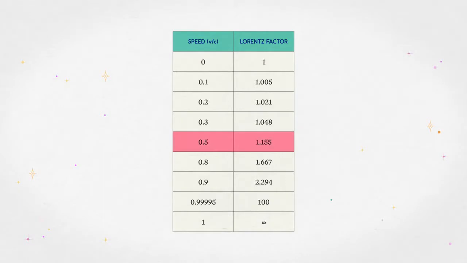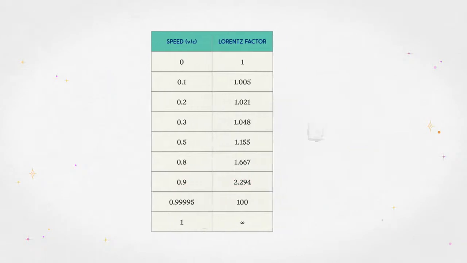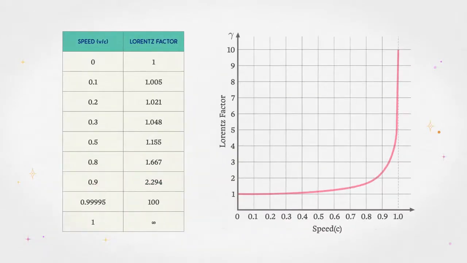And even at half the speed of light, it's only a 15% change. You need to be travelling at almost the speed of light to see significant changes. At 90% of the speed of light, the Lorentz factor is more than 2. Here's a graph illustrating how quickly the Lorentz factor changes at very high speeds.